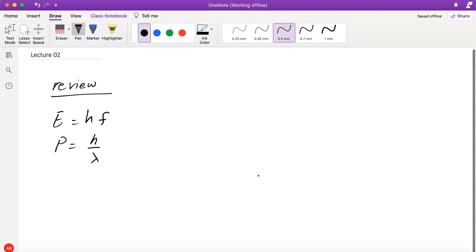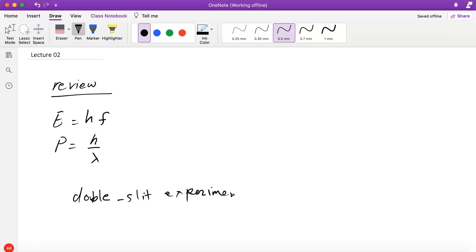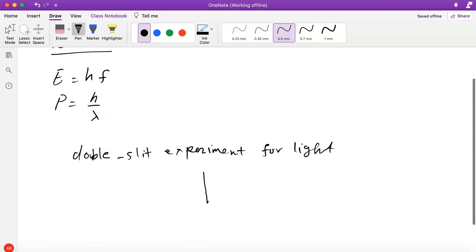So you're familiar with the double-slit experiment, the interference experiment for light. You shine light on two slits. Suppose you have two apertures, two holes, and there's a screen that can be illuminated by some light that you shine on this barrier that has two openings.